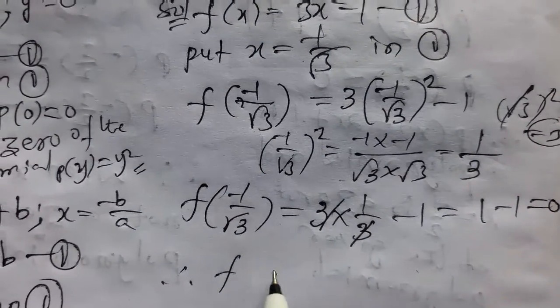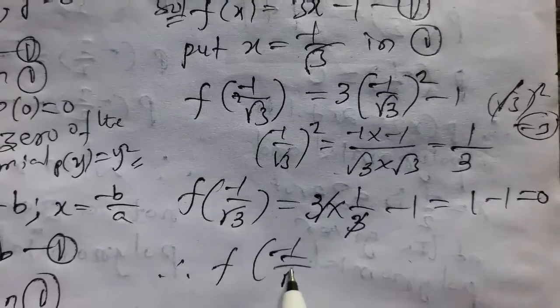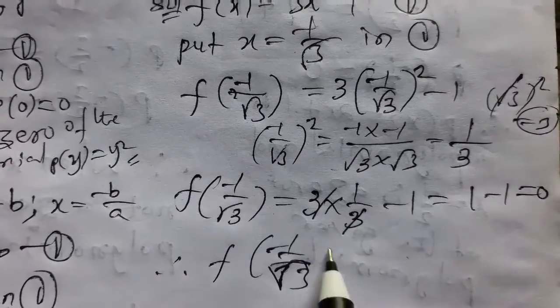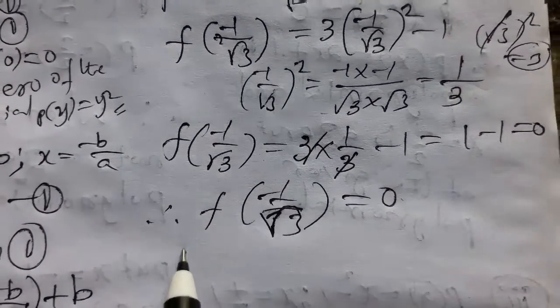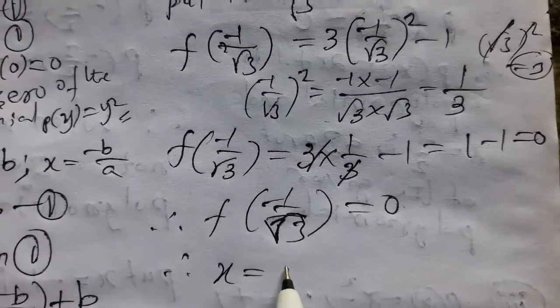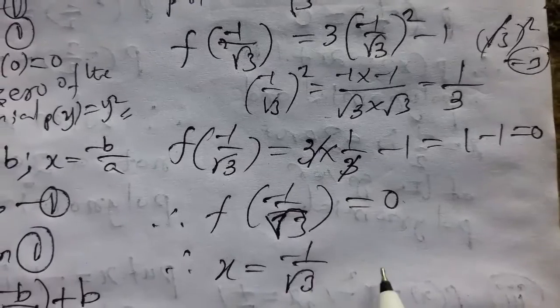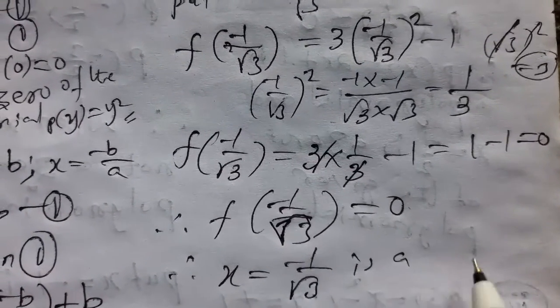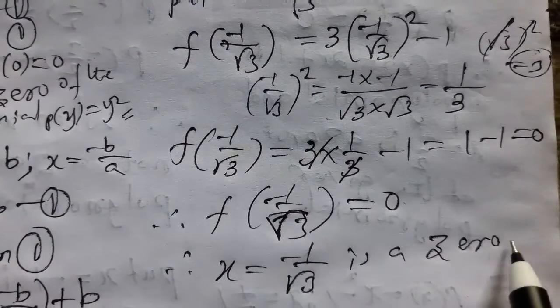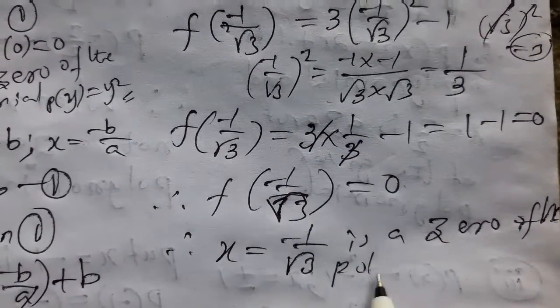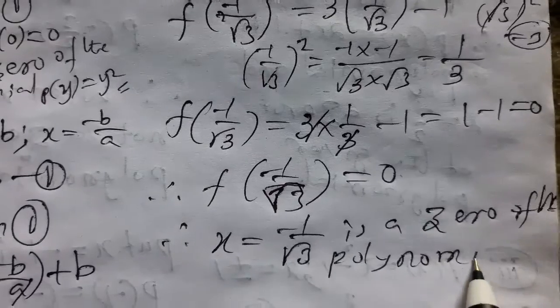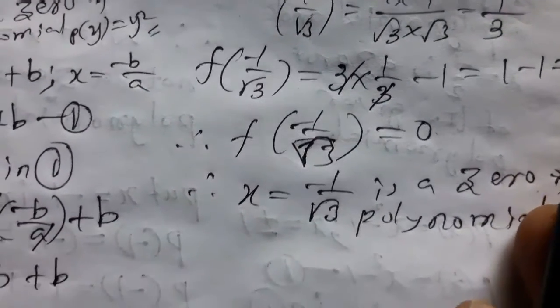Therefore, f of minus 1 by root 3 equals 0. Therefore, x equals minus 1 by root 3 is a zero of the polynomial.